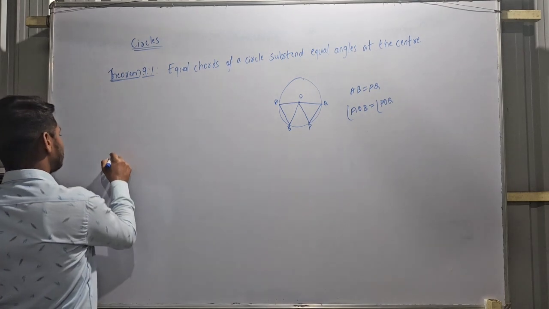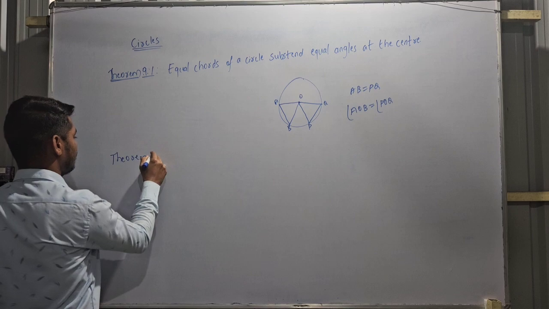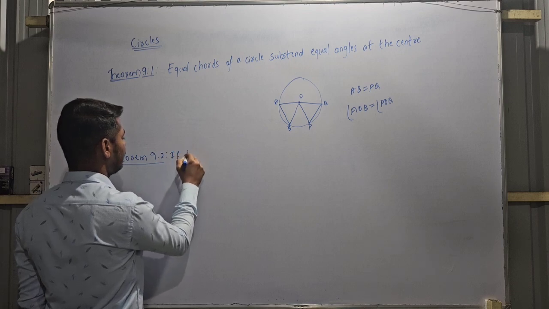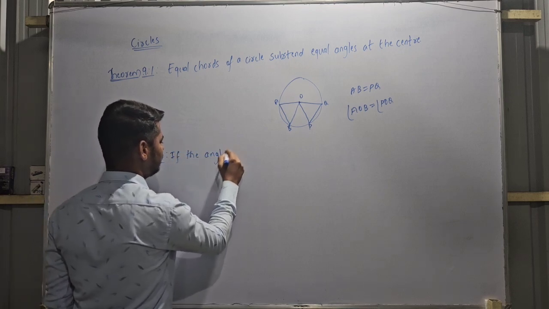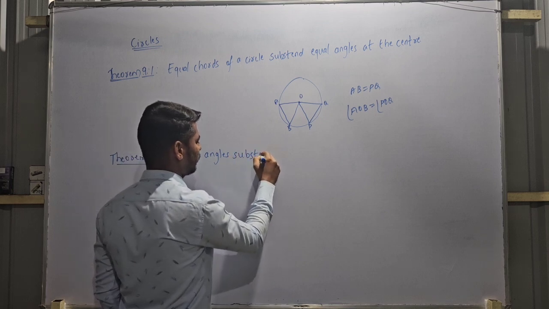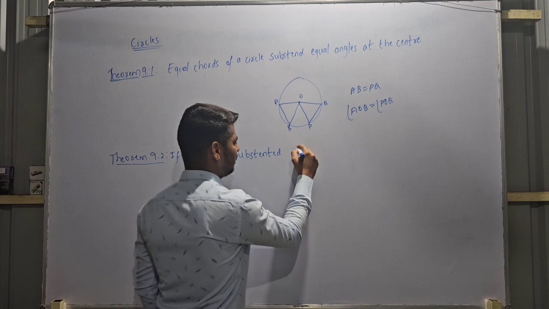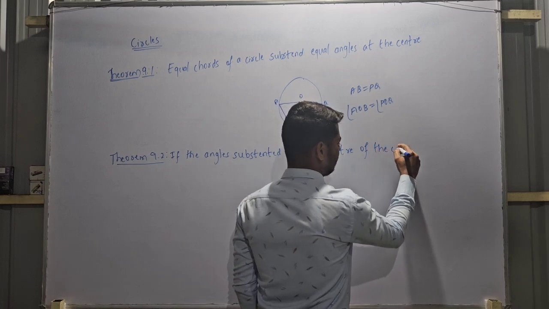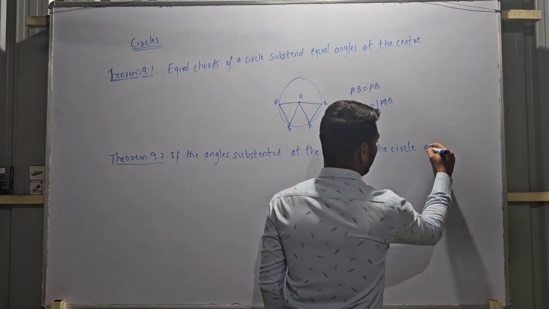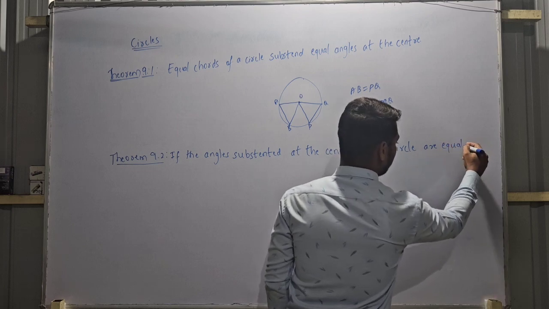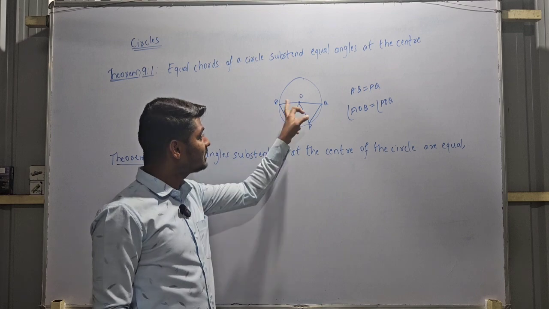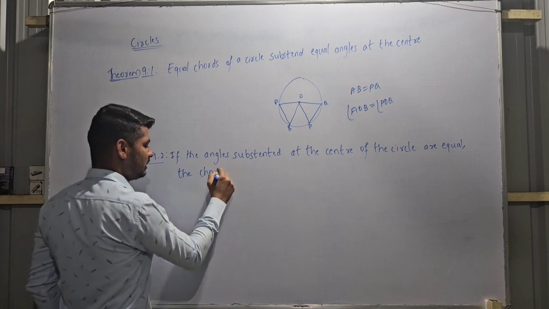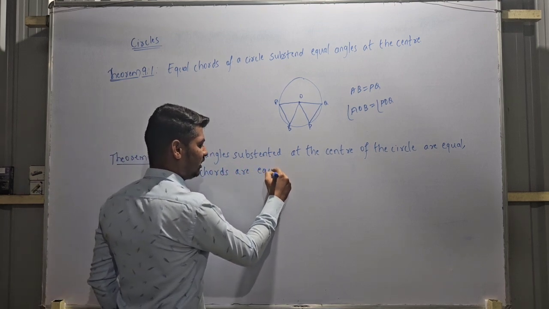Okay, then we will have the second theorem statement. Theorem number 9.2 is: if the angles subtended at the center of the circle are equal, then the chords are equal in length.